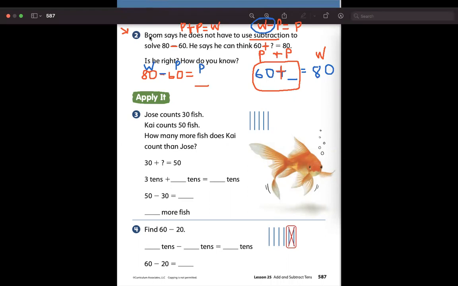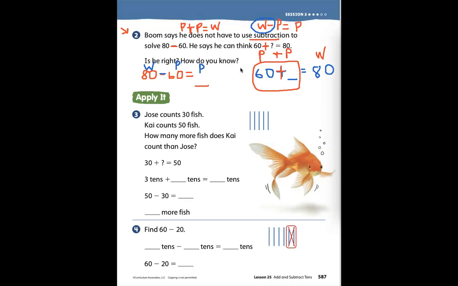Now I'm going to compare. Actually, the first thing I'm going to do is make a number bond. Up here I have my whole, my part, and my part. What is the whole? Well, the whole over here is 80.